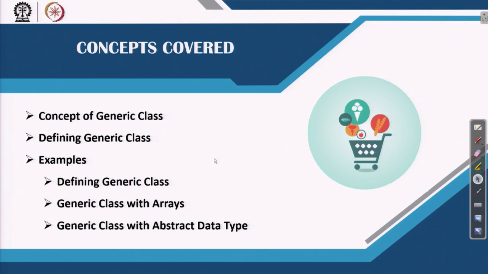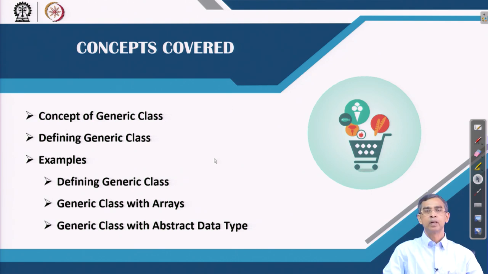Now, in this lecture we will first cover the concept of a generic class, then we shall learn how a generic class can be defined. We shall illustrate the concept and the generic class definition with a few examples. The first example is very simple, showing how a generic class can be defined, and then a generic class with an array of elements.